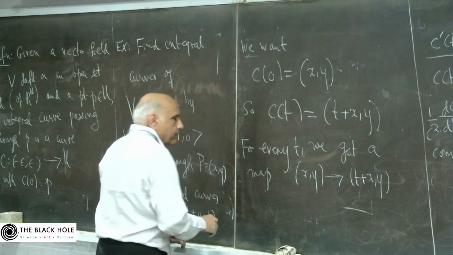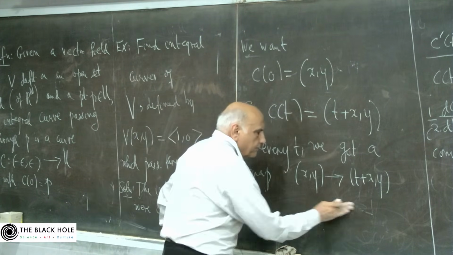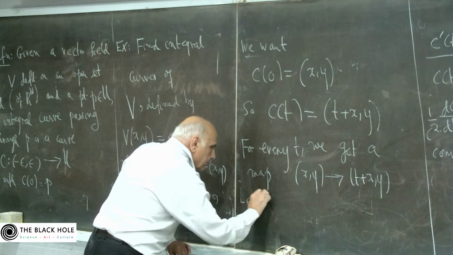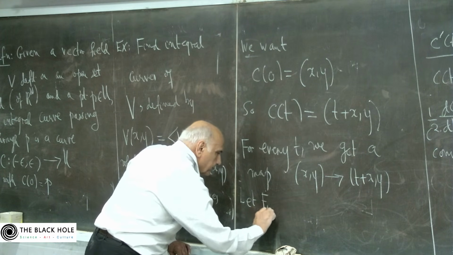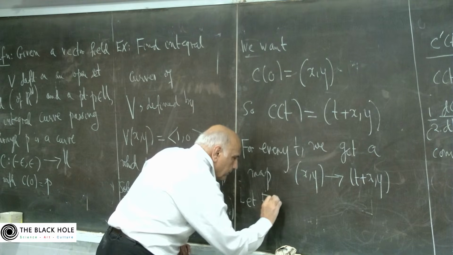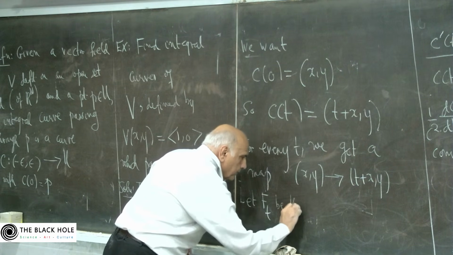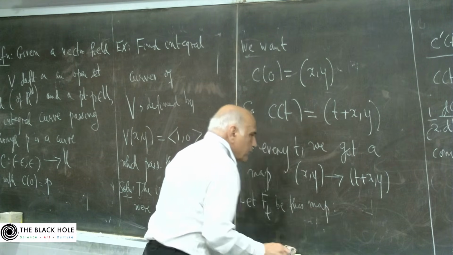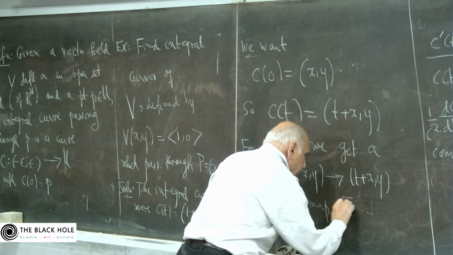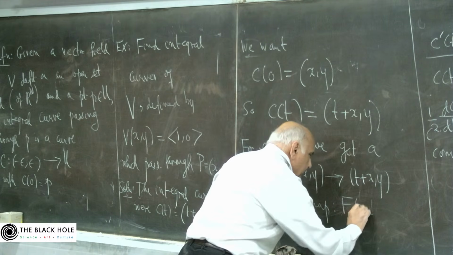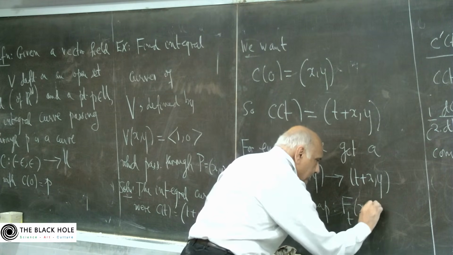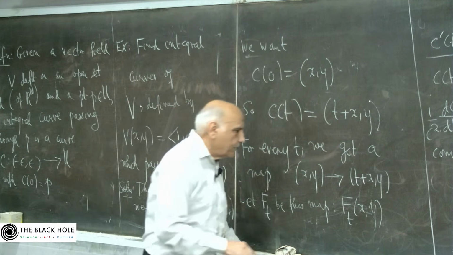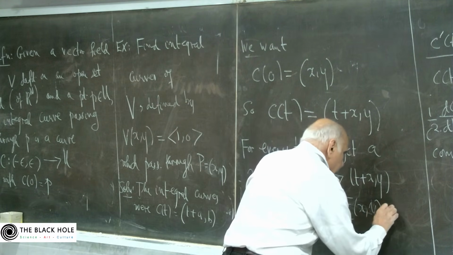Let's call this f t. So f t of x y is equal to t plus x, y. Deliberately I have chosen the letter f for flow, okay.